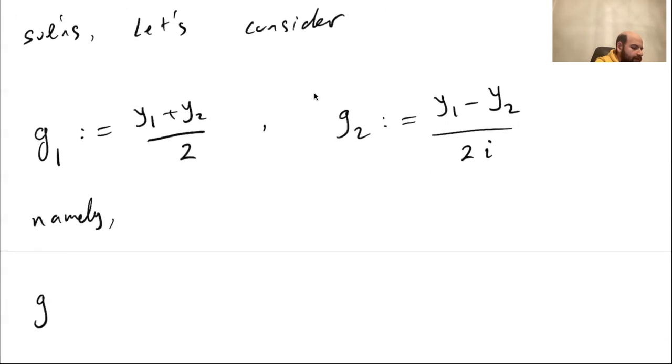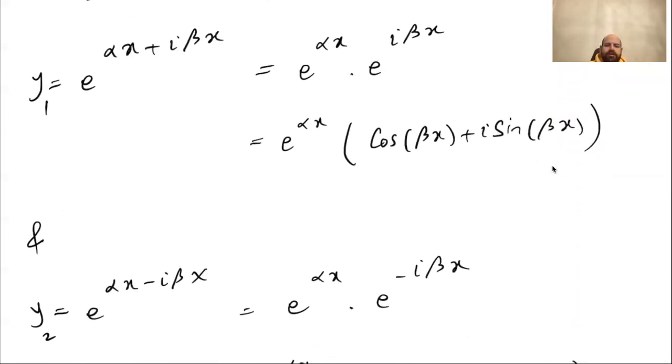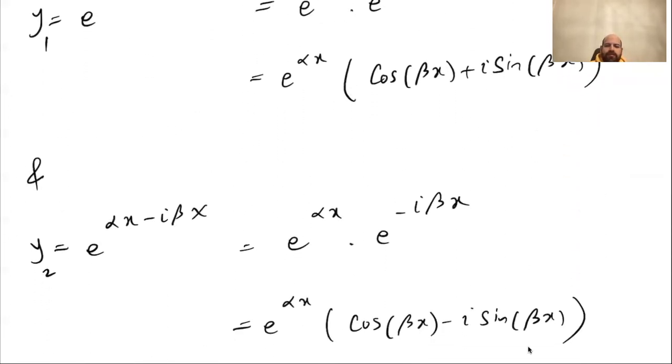Let me explain one more time. When I add y1 and y2, the complex parts cancel out, and I'll be left with e to the power alpha x cos beta x plus e to the power alpha x cos beta x, which is 2 e to the power alpha x cos beta x.